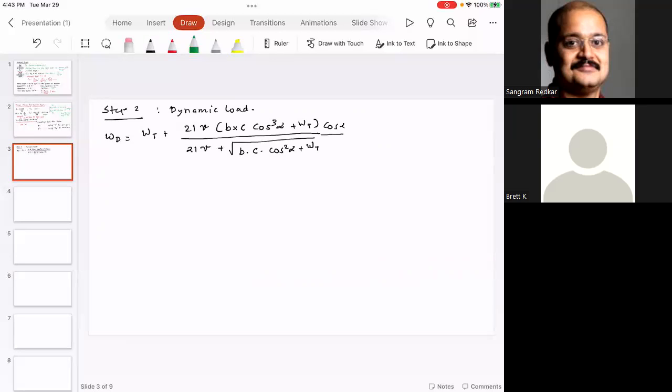So don't forget, this alpha is the helix angle. And something to think about, for spur gears, helix angle is 0. So if you were to substitute alpha is equal to 0 in this equation, you are going to get the dynamic load equation for the spur gear. So this is something to note, side note. Alpha is equal to 0 for spur gears.